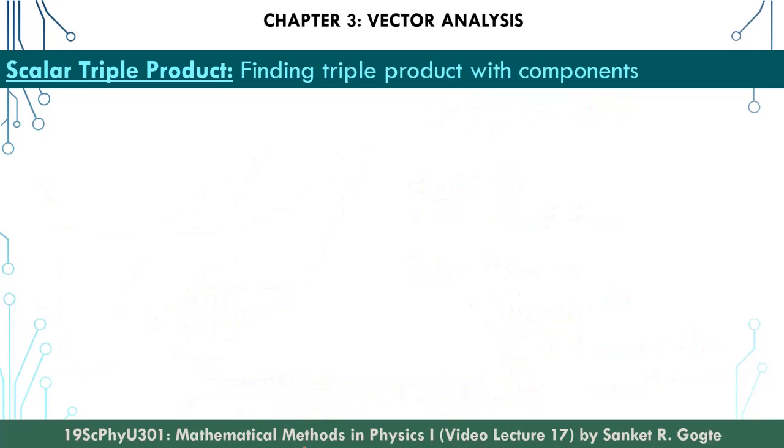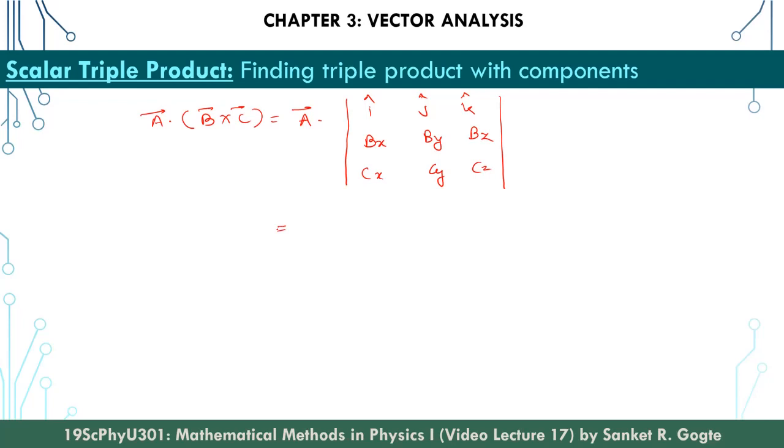Let's see how scalar triple product can be calculated when we know the components of the three vectors. So this A dot B cross C is equal to A dot, and B cross C is calculated by this determinant i j k, Bx By Bz, and Cx Cy Cz.